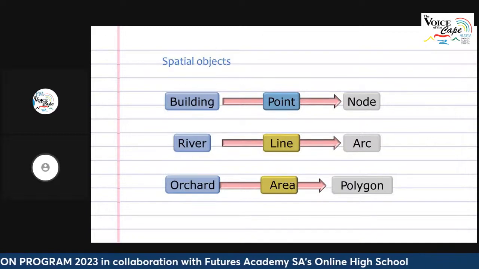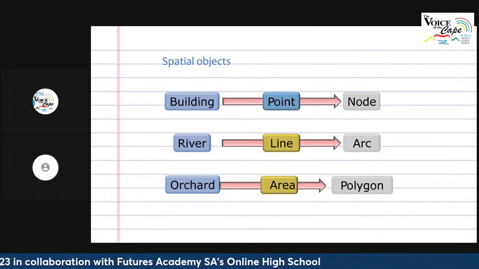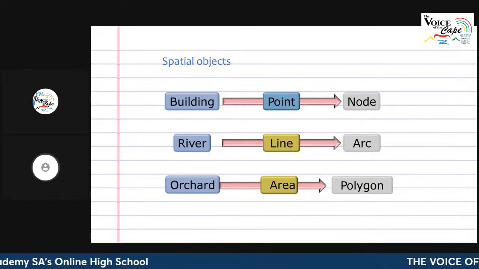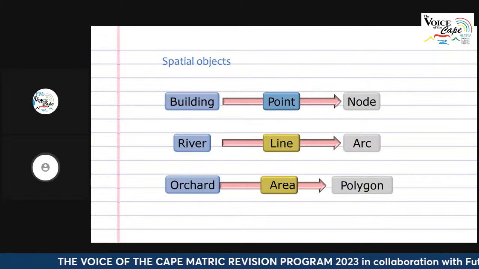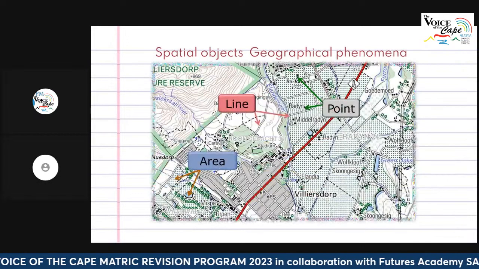And spatial data, again, I'm saying to you, we call that points, lines, and polygons. Points, a node, a line would be an arc, and an area would be a polygon.